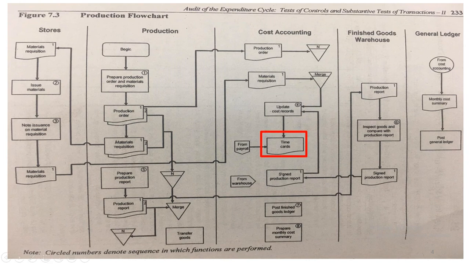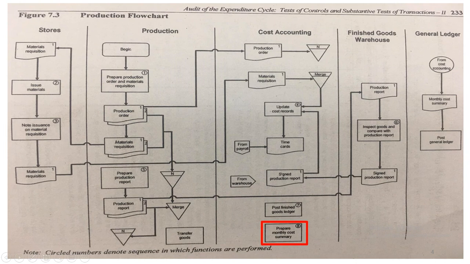So they will also take into consideration the time cards for the payroll related to the production. And then they will post the updated cost records to the finished goods ledger and prepare a monthly cost summary.